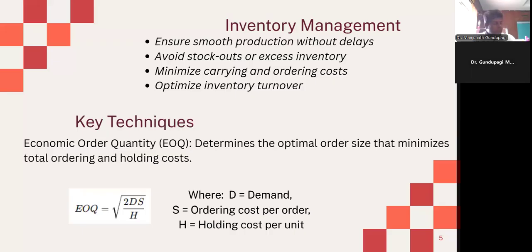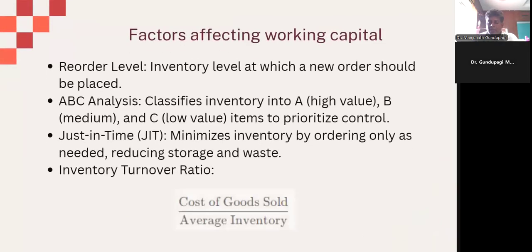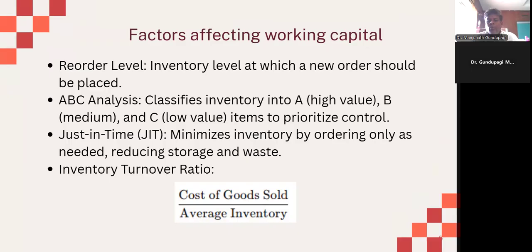Reorder level: the inventory level at which a new order should be placed. Another important one is ABC analysis. Here we classify the inventory into high value, medium value, and low value, and we prioritize to control the inventory.